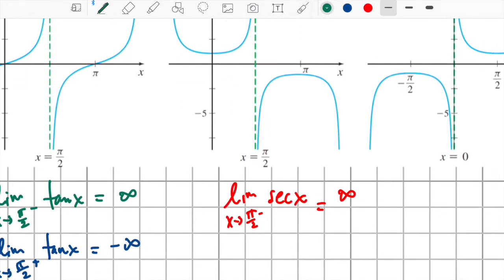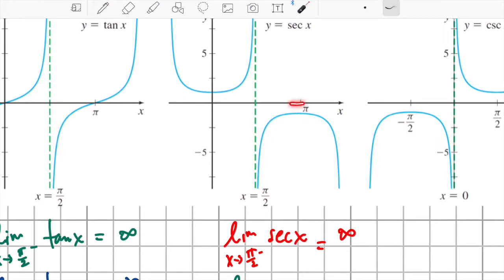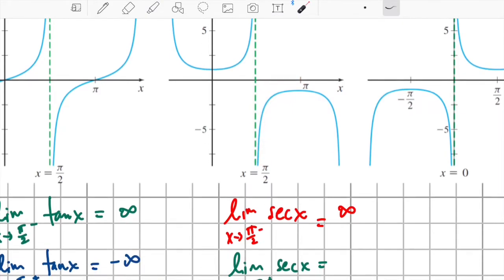And then the other one, the limit as x approaches pi over 2 from the right of secant of x. As we approach pi over 2 from the right, the graph is going towards negative infinity. So this limit would be negative infinity.